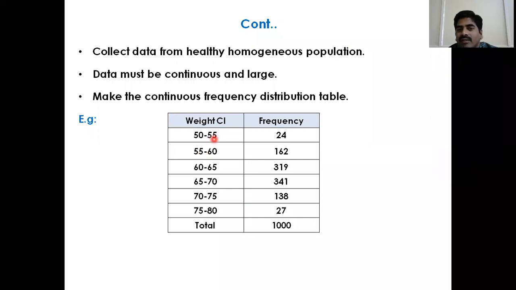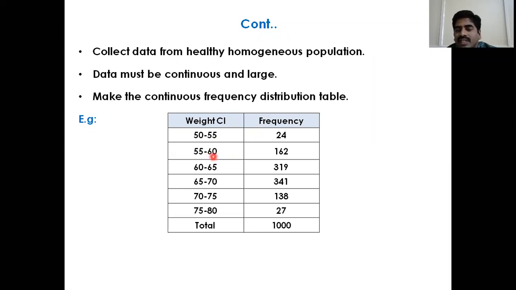So when fraction values are there, it is called continuous data. How many values are there between 50 to 55? If the data is weight in kilograms, then an infinite number of values are there between 50 and 55, not just 5 values. Okay, so this is called a continuous frequency distribution.